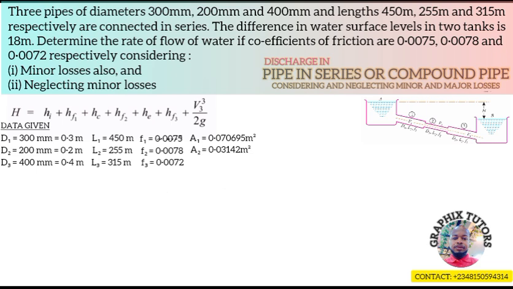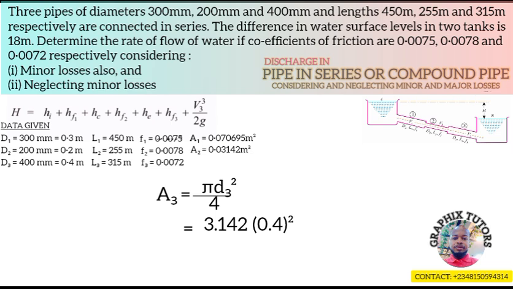Similarly, we have the area at pipe 3, the surface area of pipe 3, which will give us pi d3 squared over 4. We know pi is 3.142 multiplied by d3, which is 0.4, squared, all divided by 4.